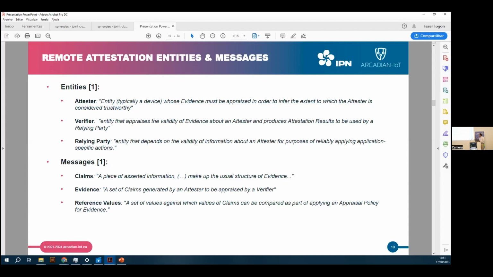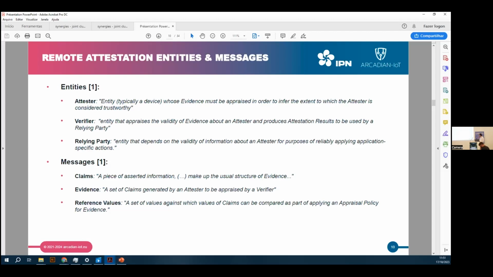With respect to the main entities, again simplifying a bit, there are other relevant ones, but we need to filter out some information. We have the claims, where each claim is a piece of information which makes up the evidence. So evidence is a set of different claims. For instance, claim A can be configuration parameter X, claim B can be the measurement of the state of a given firmware, and so on.